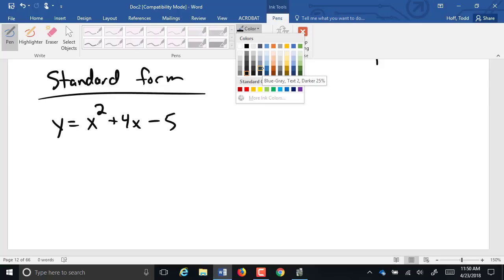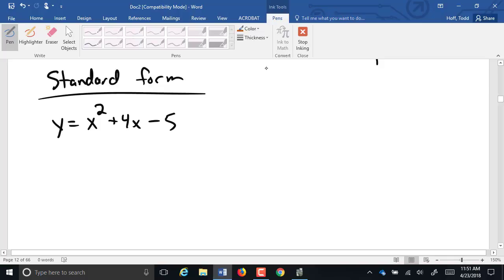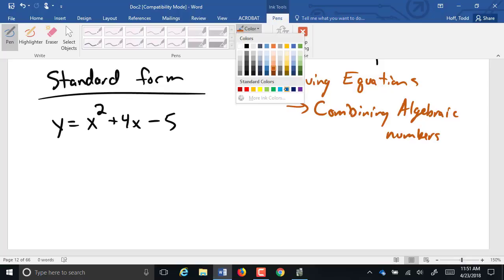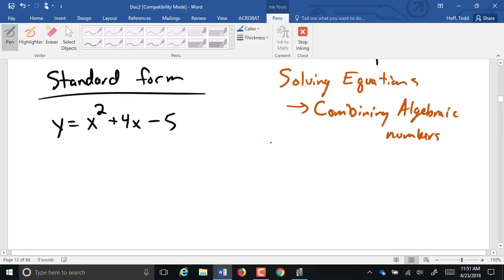To figure out how to graph this, we're going to have to do a little bit of an algebra review. If you remember back in the very end of Unit 1, we talked about solving equations. And we also talked about combining or operations with algebraic numbers. But one of the things we did was we multiplied algebraic numbers.